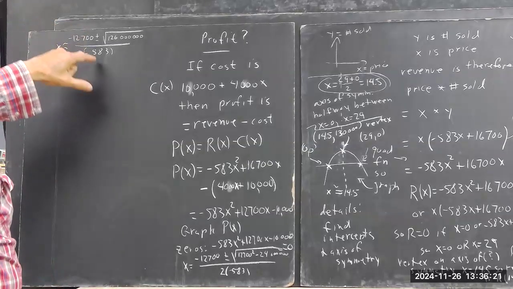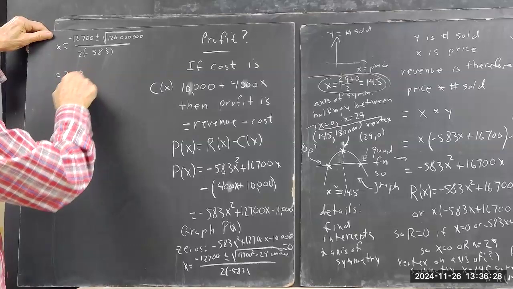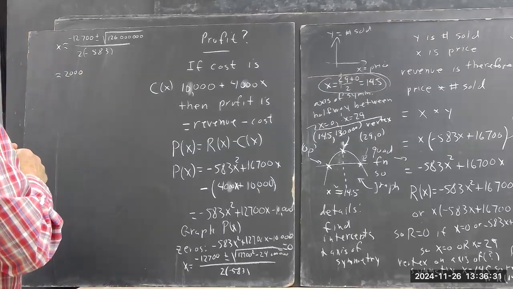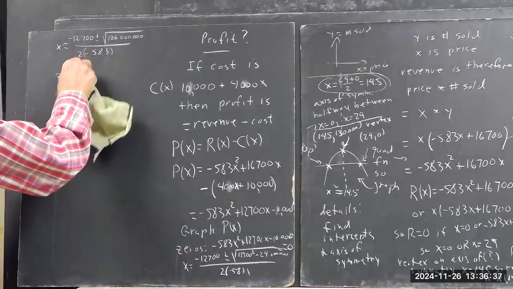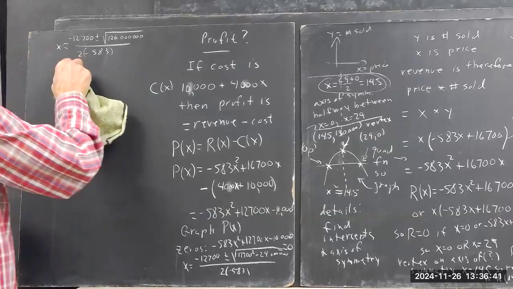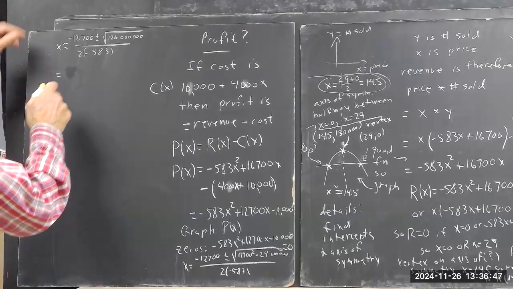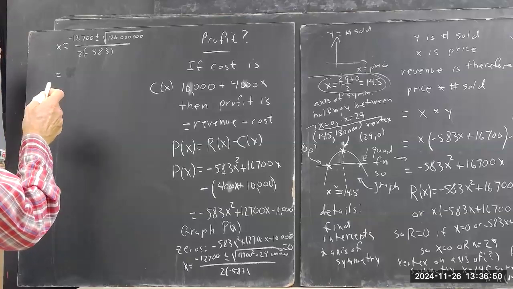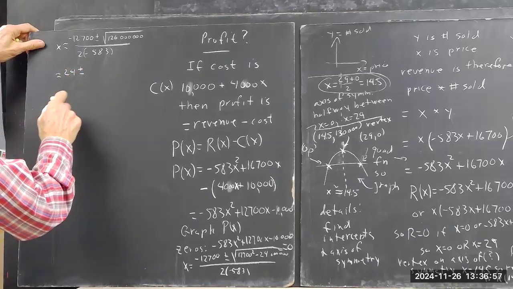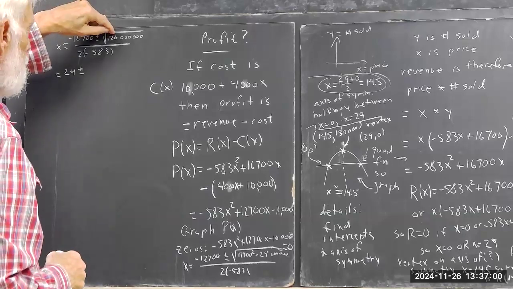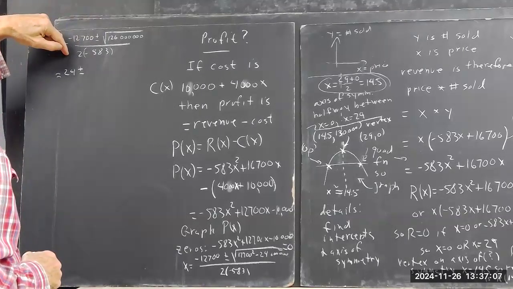You divide this by this, you're going to get about 24 plus or minus the square root of this, which is like 11,500, divided by this.